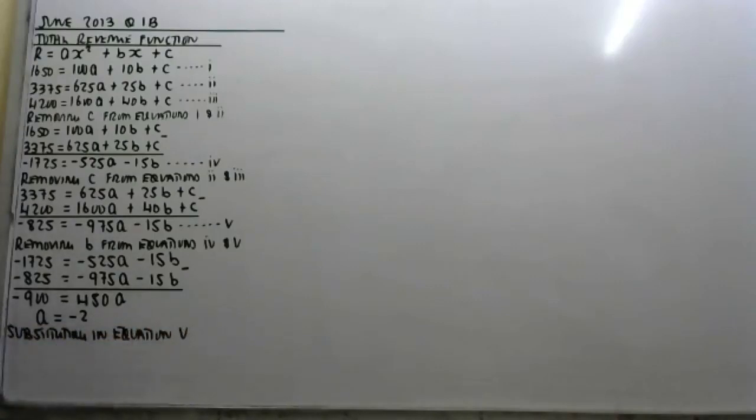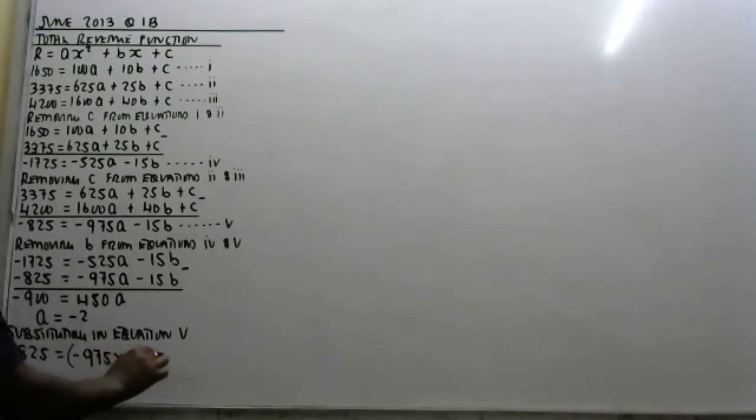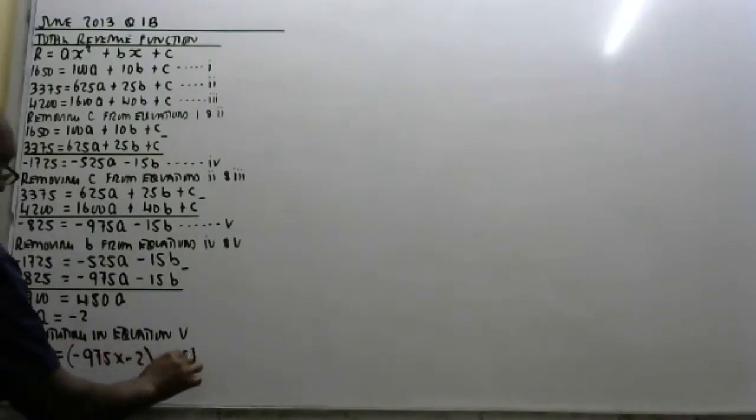Substituting in equation 5, we will have minus 825 being equal to minus 975 times minus 2. I put them in brackets. Then you say minus 15B.